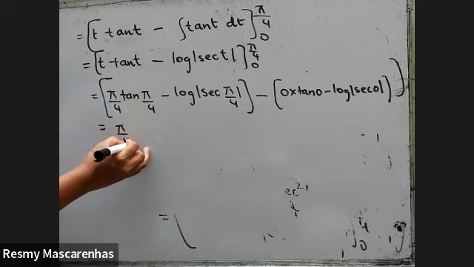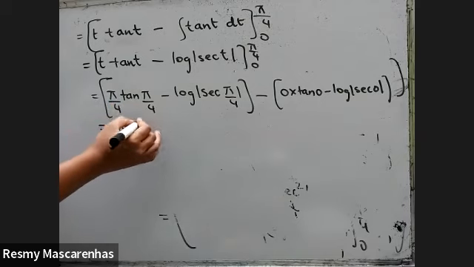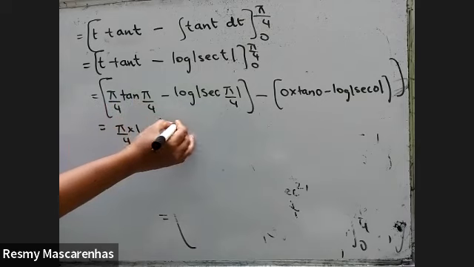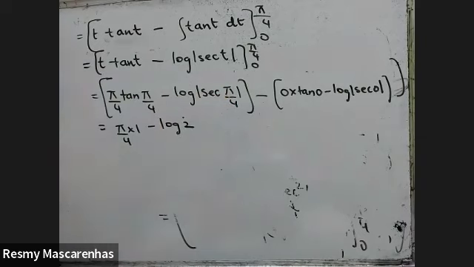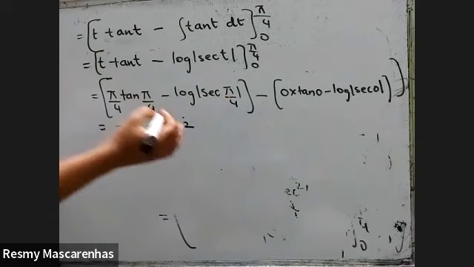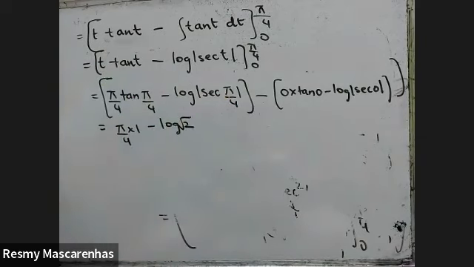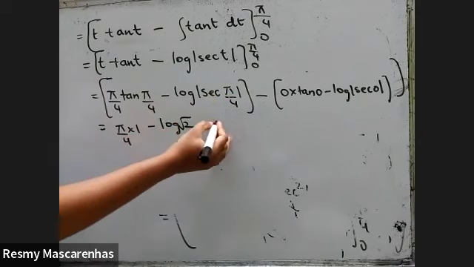pi by 4. Tan pi by 4 is 1. Sec of pi by 4 is 2. Sec 45 is 2. Sorry, root 2. Because cos 45 is 1 by root 2, no? So sec 45 will be root 2. This is anyways 0.